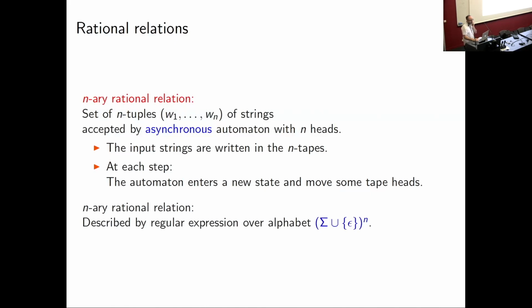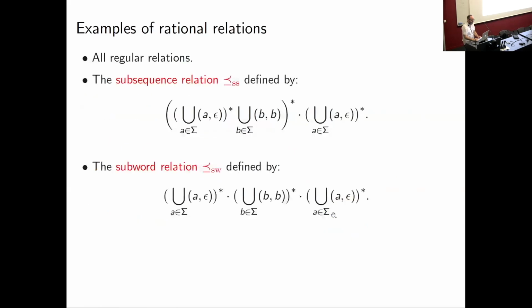So an n-ary rational relation is derived by a regular expression over the alphabet sigma union the empty symbol, which means you're not moving that head in that tape.